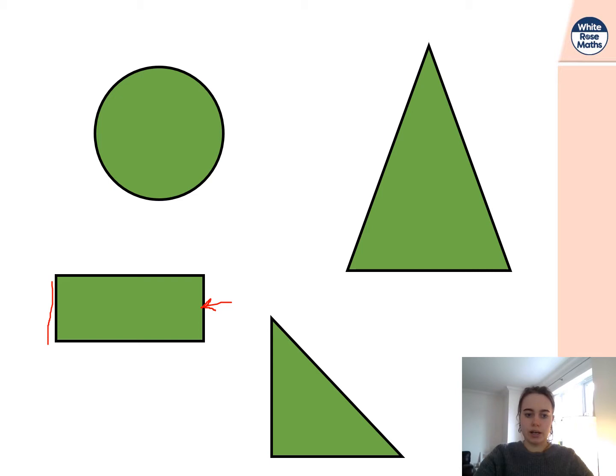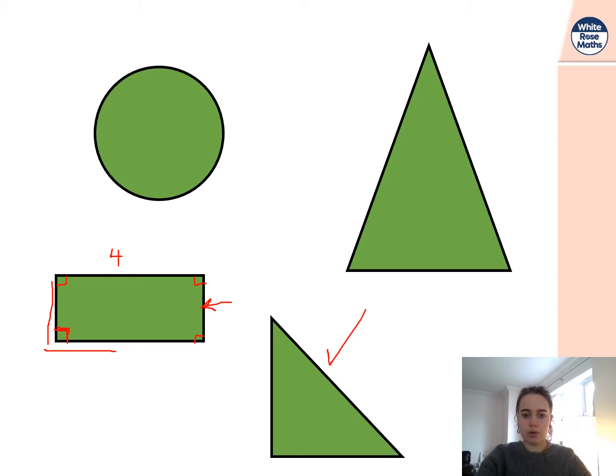So this side and this side come together and they meet at a right angle. That means I could draw a little square down here. I could also do one in this corner where the two sides meet and make a right angle, and one in this corner and this corner. So a rectangle actually has four right angles in it.